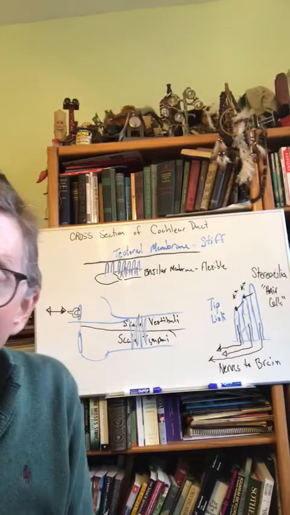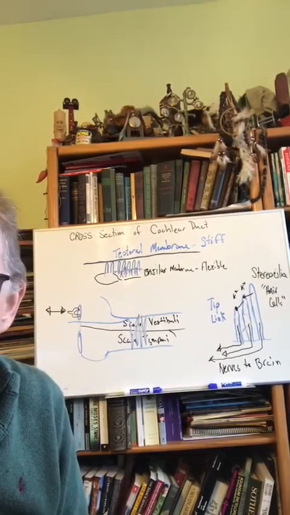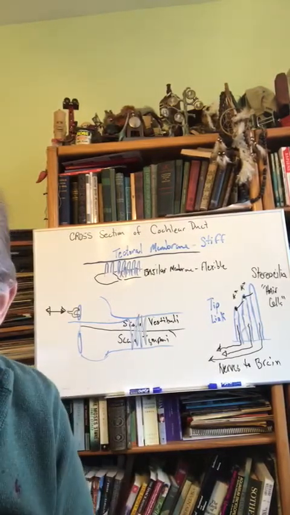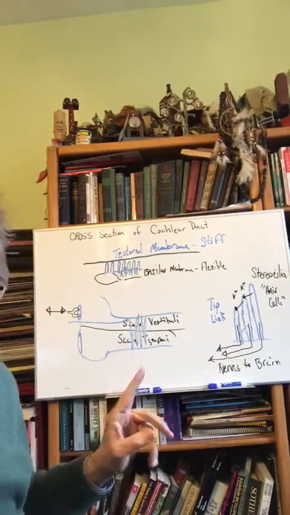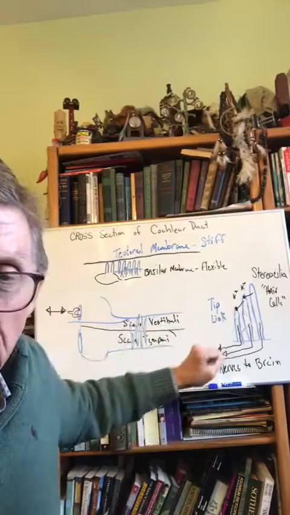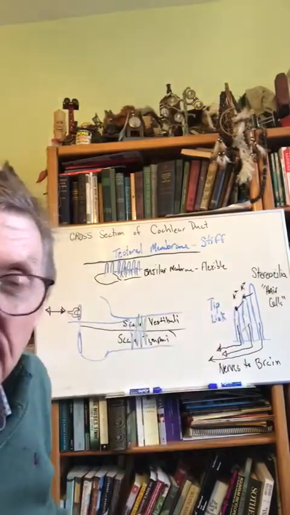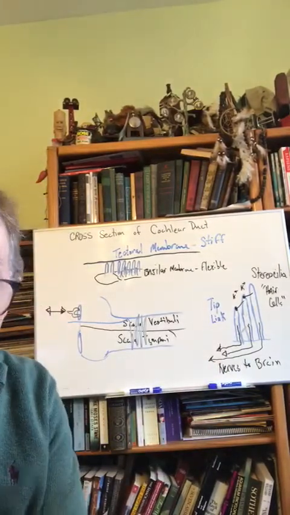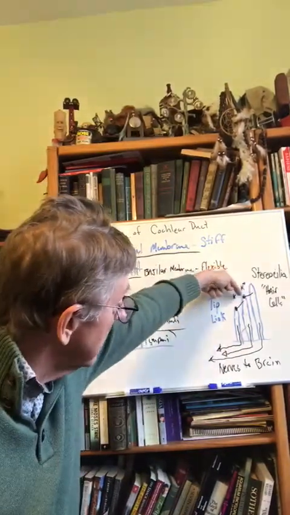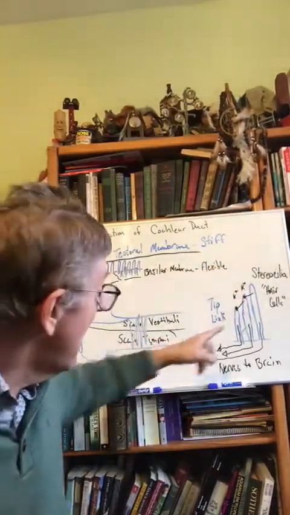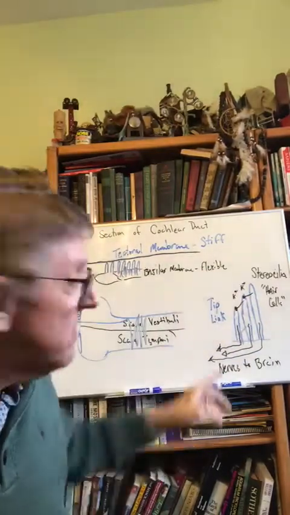Now, how does bending a stereocilia send a signal to your brain? Well, it ends up that these stereocilia are connected together by something called a tip link. It's a connection from one stereocilia to another one. And what is it connected to?